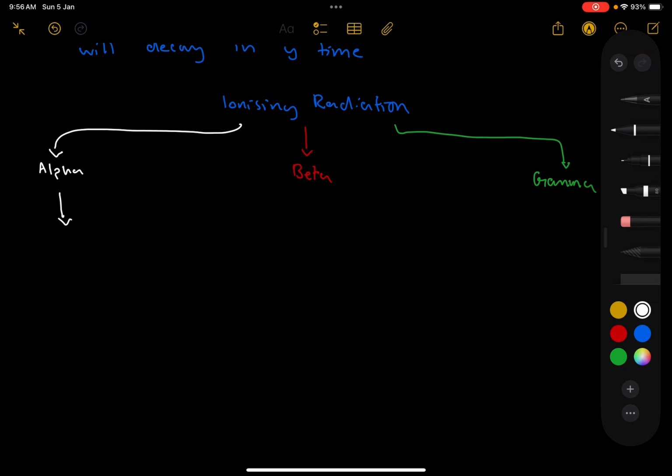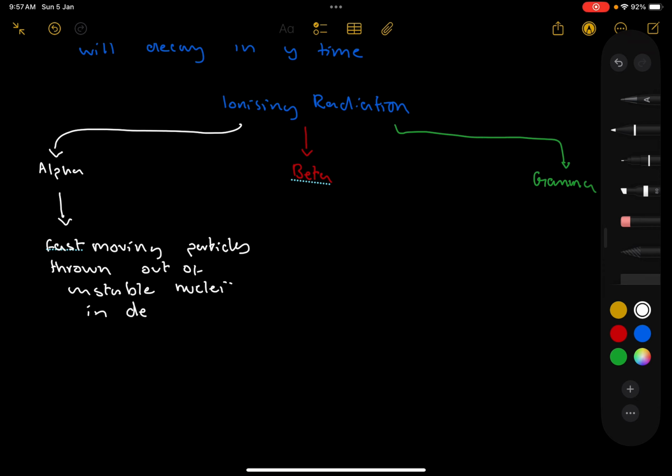It consists of fast-moving particles that are thrown out of unstable nuclei in decaying.